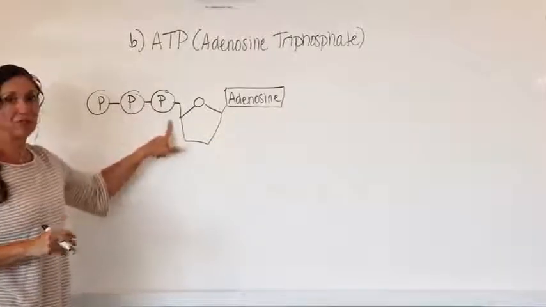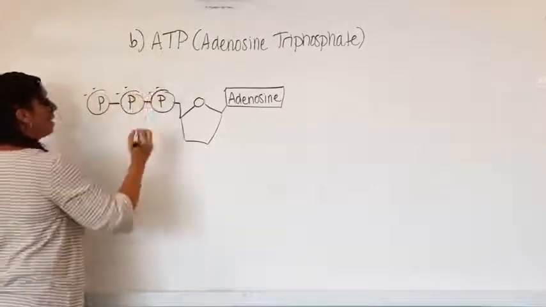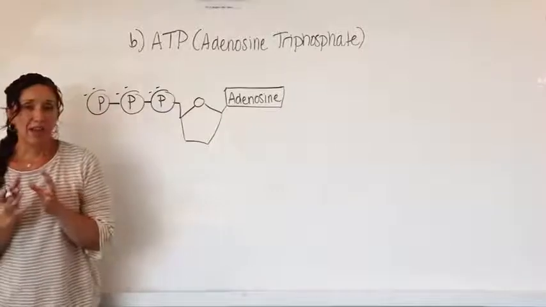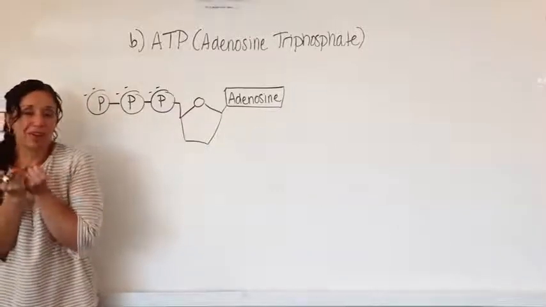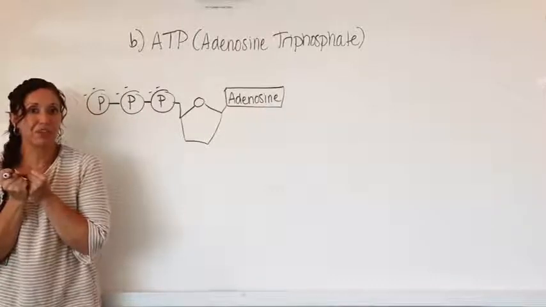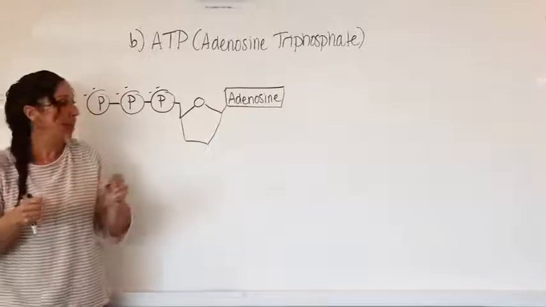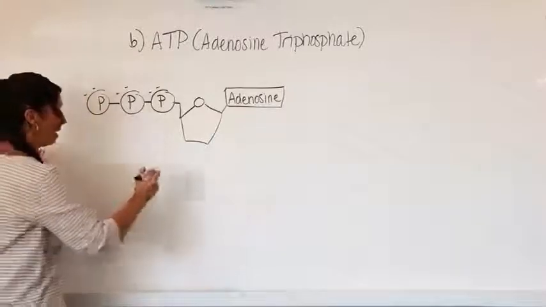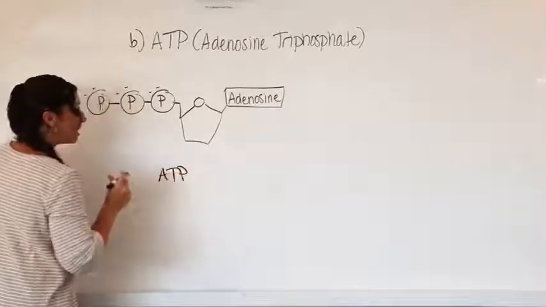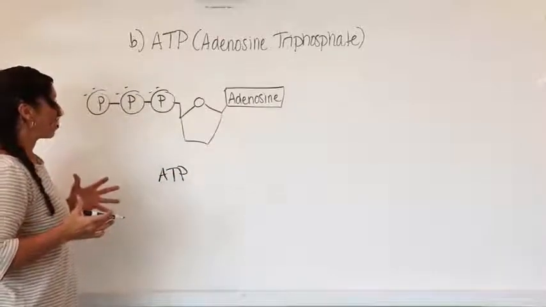These phosphates, if you remember correctly, are negatively charged. And if you have 3 negative phosphate groups next to each other, do you think they really like being next to each other? These similar charges are repelling each other like crazy. So what happens with ATP, naturally, there are enzymes involved that allow this process to happen.